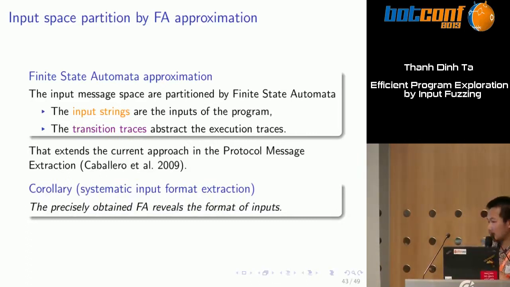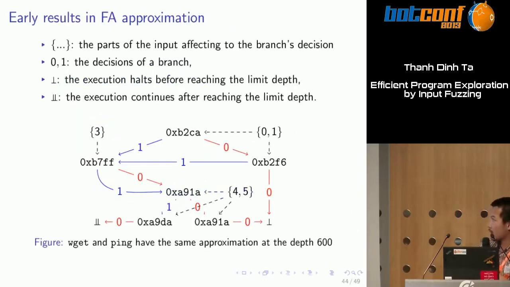That is systematic work on protocol message extraction, because when we receive exactly the automaton, in this case this automaton reveals the format of the input. Here are very early results, where we see that the two programs, wget and ping, have the same approximation.